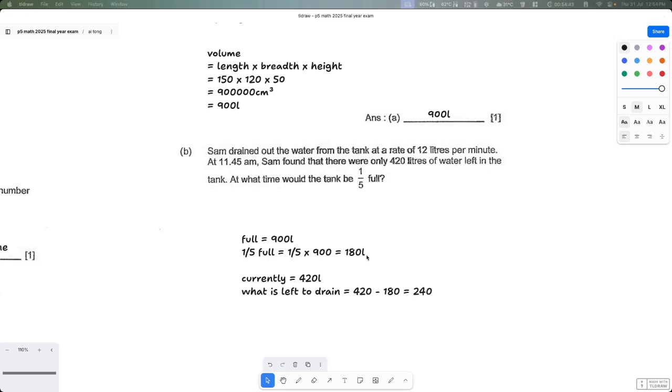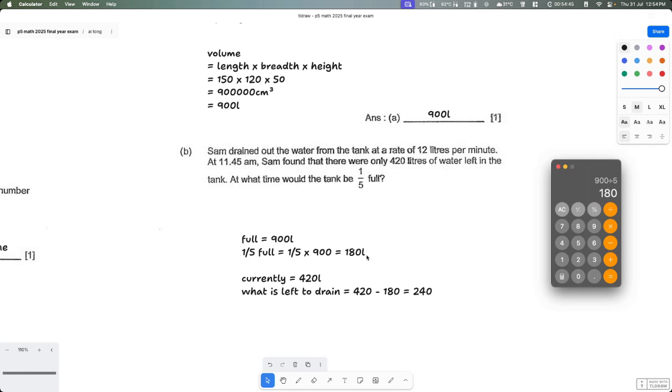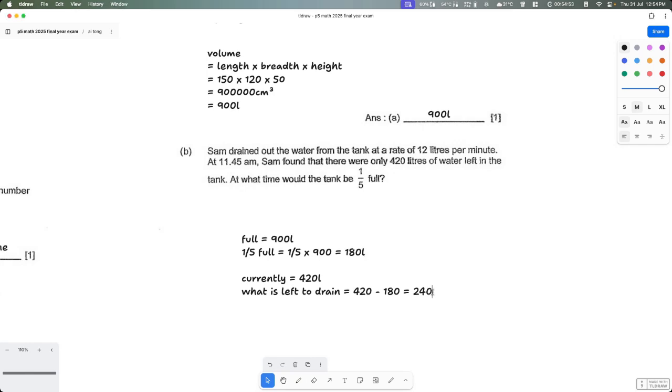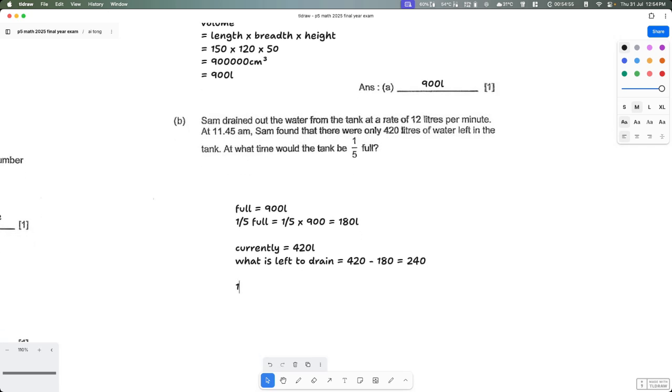Okay, so let's double confirm that. 420 minus 180, this will give us 240. Okay, so we know that 1 minute is equal to 12 liters, right? That means 12 liters is also equal to 1 minute.